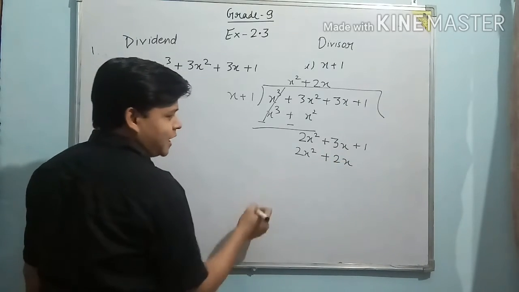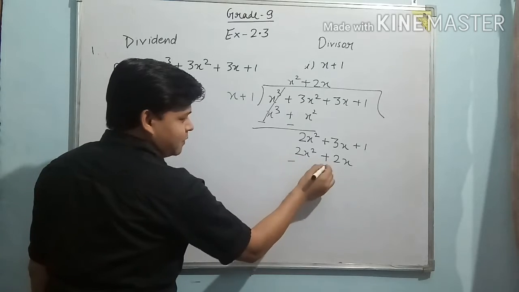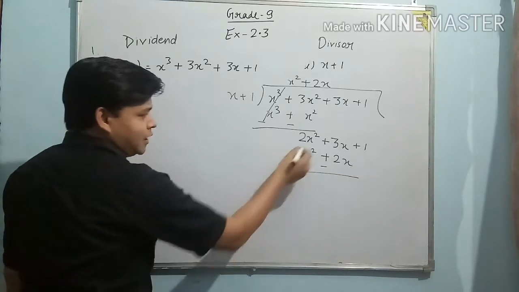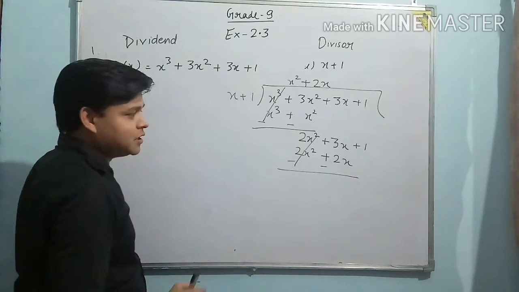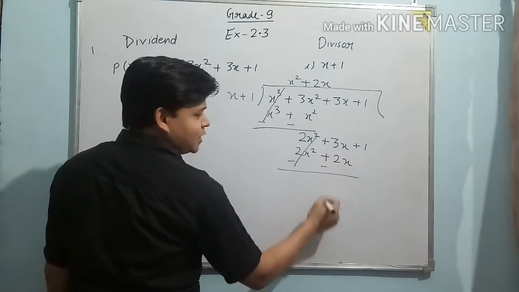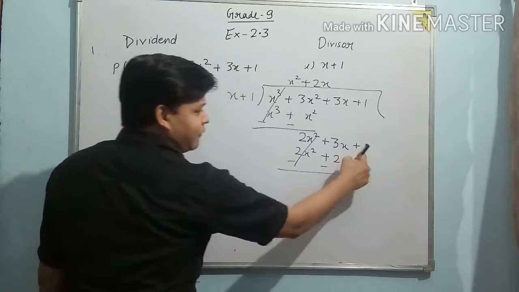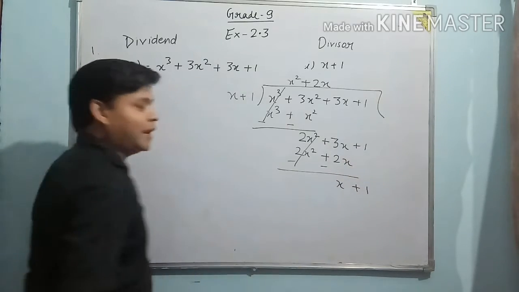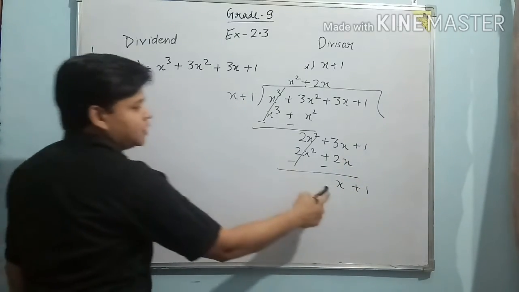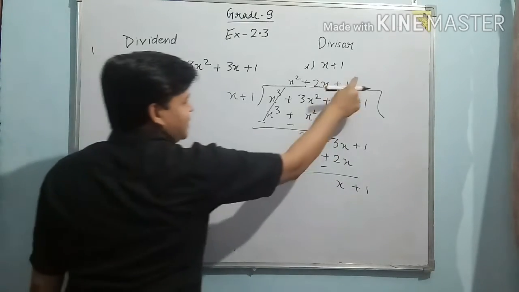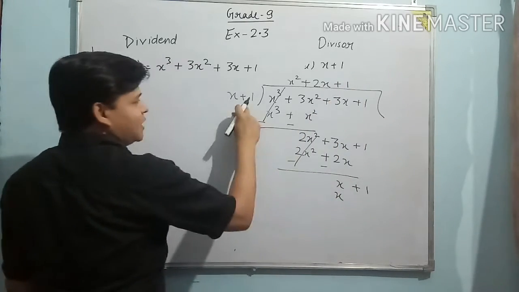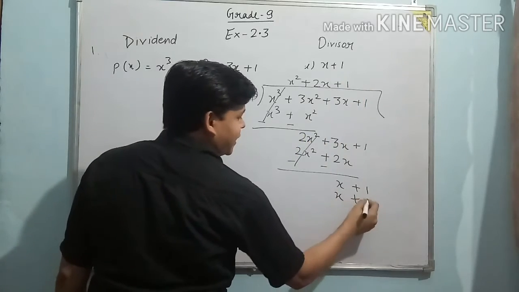Now once again change the sign, plus will become minus, plus will become minus, and these both are cancelled by each other because both are the same with opposite signs. Now 3x minus 2x, I'll get here only x, and from here plus 1 is written as it is. Now x will be multiplied with plus 1 to get the same x. Now x into 1, x, plus 1 into plus 1, we get here plus 1.